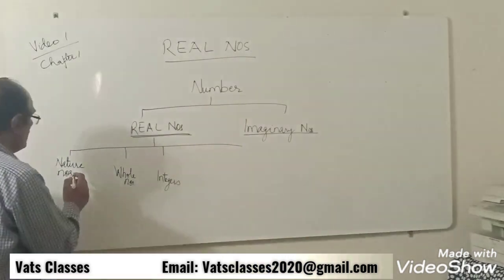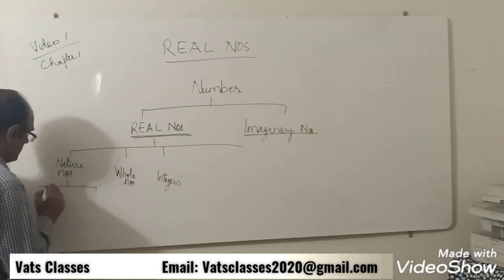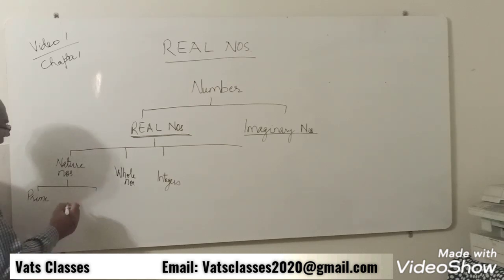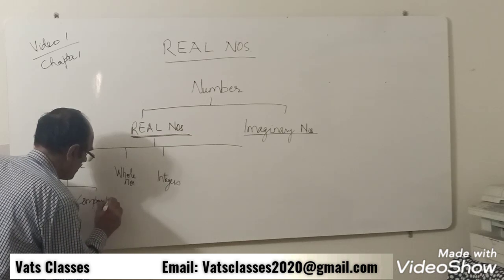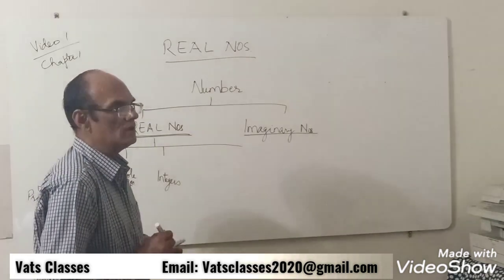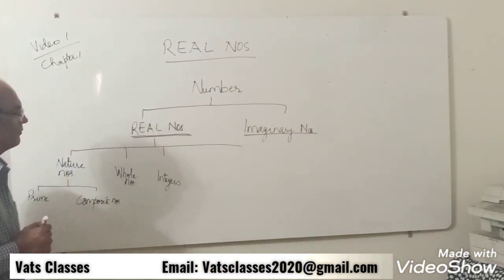And now natural numbers again: prime numbers and composite numbers. Prime numbers are those numbers which are divisible by 1 or themselves.